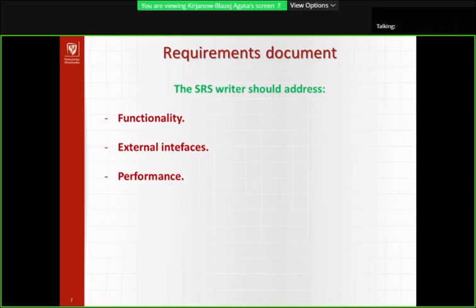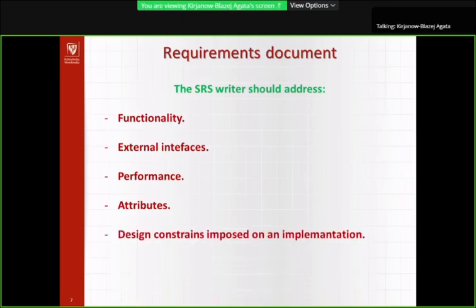What is the speed, availability, response time, recovery time of various software functions? Attributes. What are the portability, correctness, security, etc.? And design constraints imposed on an implementation. Are there any required standards in effect, implementation language, policies for database integrity?